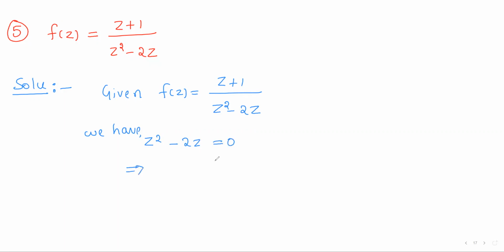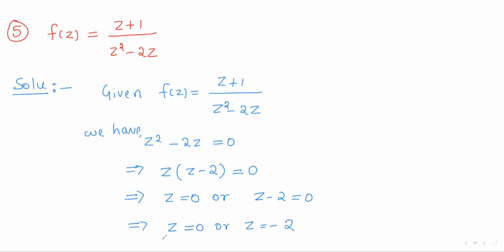Now we shall check what the zeros of the denominator function are. The denominator z square minus 2z equals 0. Taking z common, it will be z into z minus 2 equals 0, which means either z is equal to 0 or z minus 2 is equal to 0, so z is equal to 0 or z is equal to 2. So 0 and 2 are the zeros of the denominator function, hence they will be poles of f of z. And these two zeros have linear factors, hence they will be simple poles of f of z.